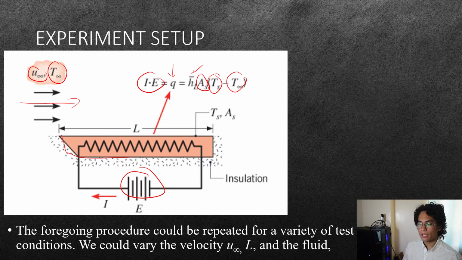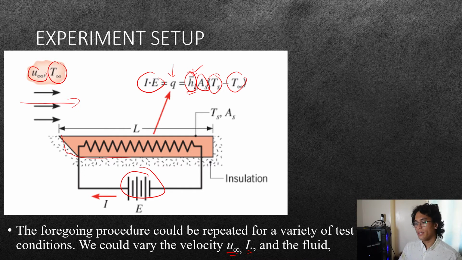Now, what they do is they repeat this method for a variety of conditions. They may change the velocity, they may change the length of the plate, and the control fluid being used, they can change any variable that they want to change, which gives us different values of h.